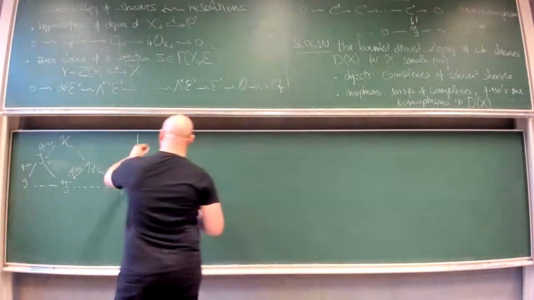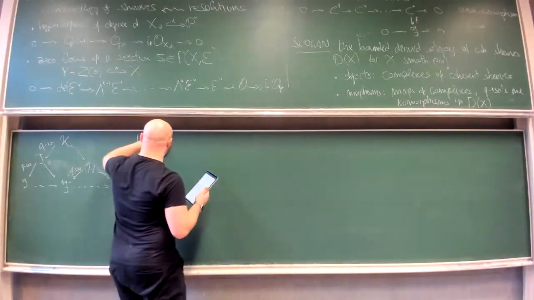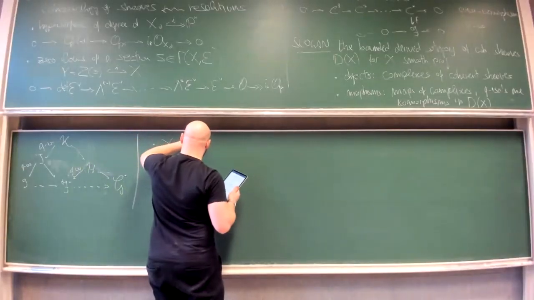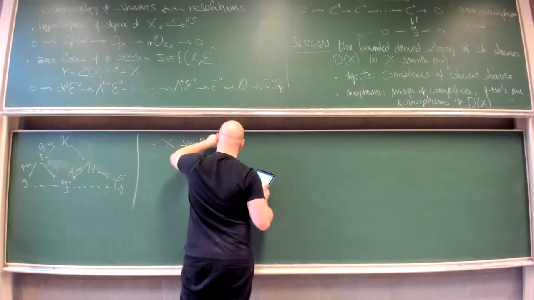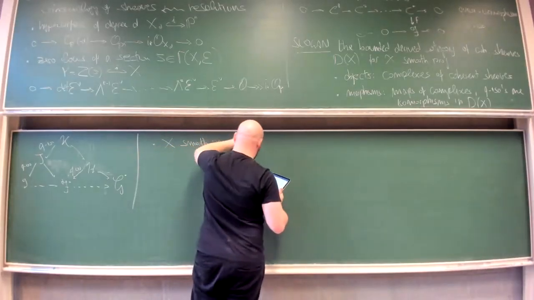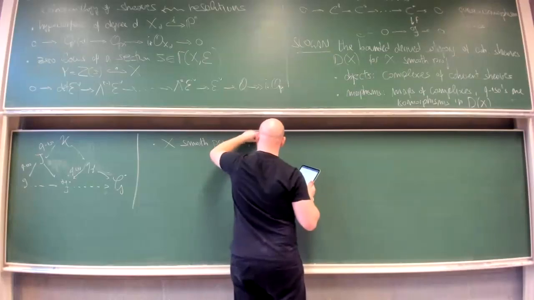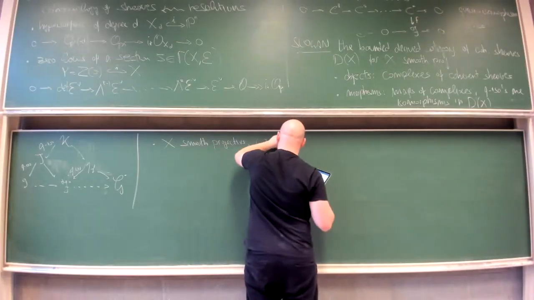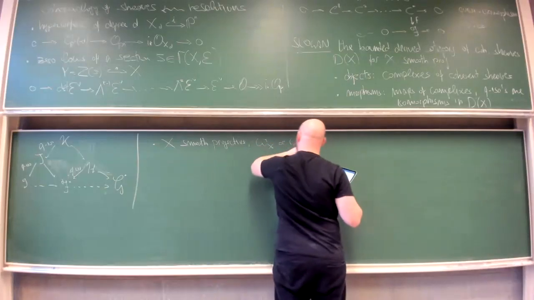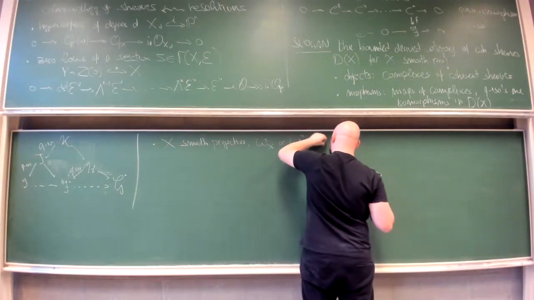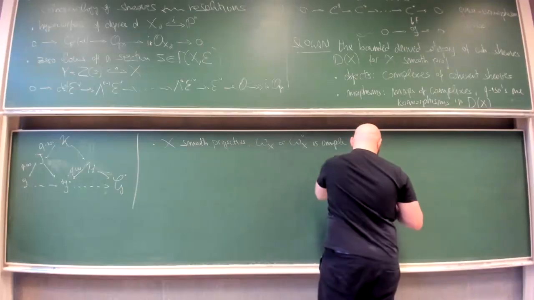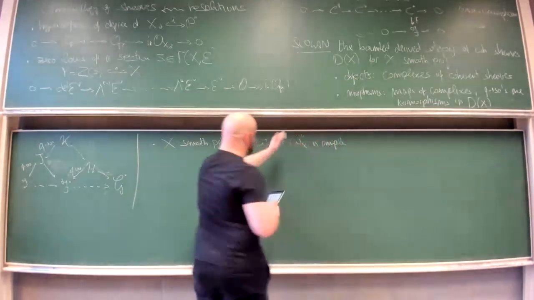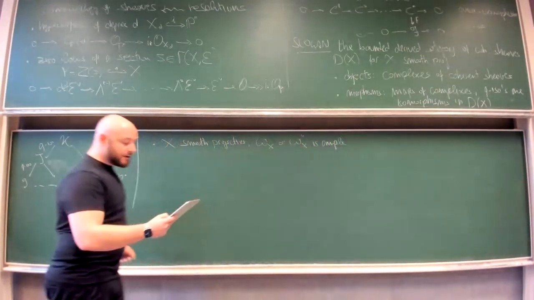So, for instance, if you take X smooth projective and you want that the canonical bundle or the anti-canonical bundle is ample. Okay, so either Fano or general type.